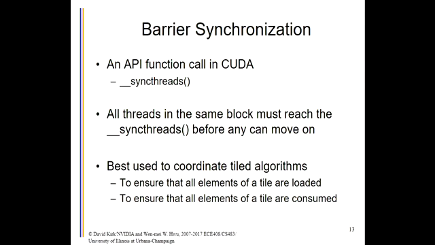But the important part is the interface tells the programmer that if you use a barrier synchronization, all the threads in that thread block had better all be there or none of them will be there, so that either all of them will wait and proceed or none of them will wait there, okay? If some of them show up and some of them don't show up, it's an undefined behavior situation. And bad things can happen, good things could happen, but it's a very, very shaky situation. Don't go there, okay? Don't try.